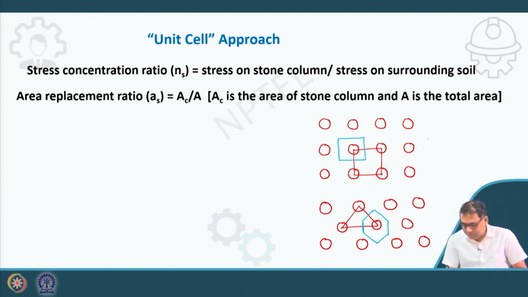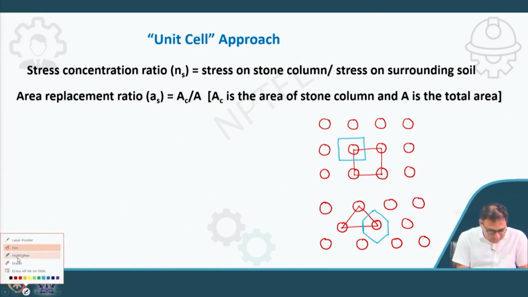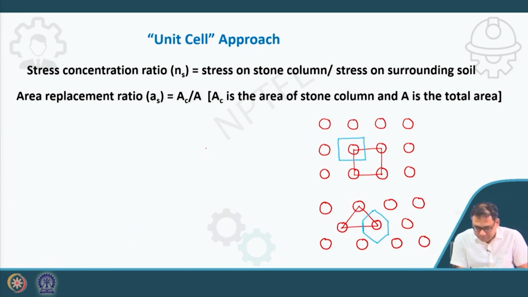Now if I take this column, for the square grid, its surrounding influence area. So in the case of the square grid, the influence area is also square, but in the case of the triangular grid, the influence area for a particular column is hexagonal in nature.